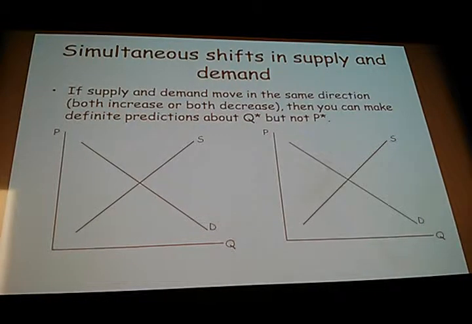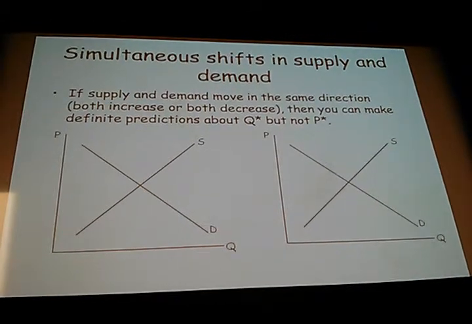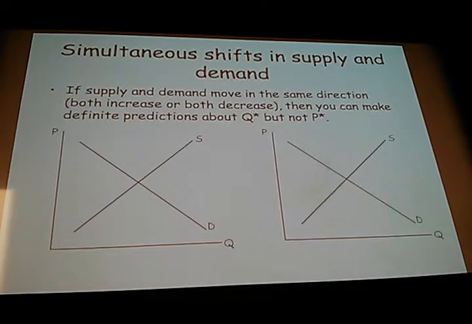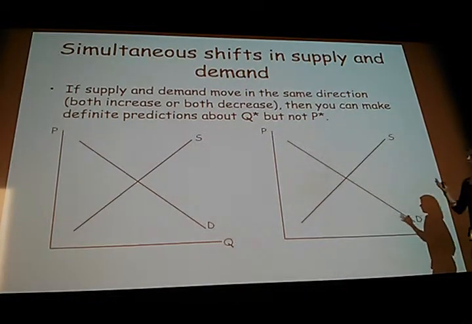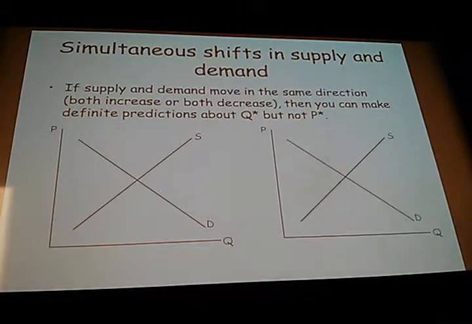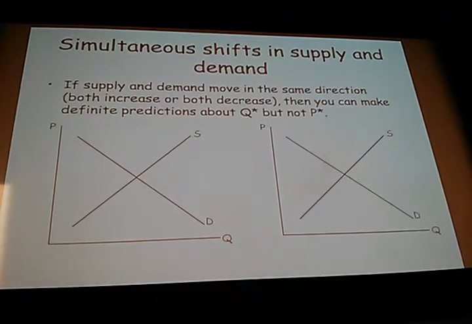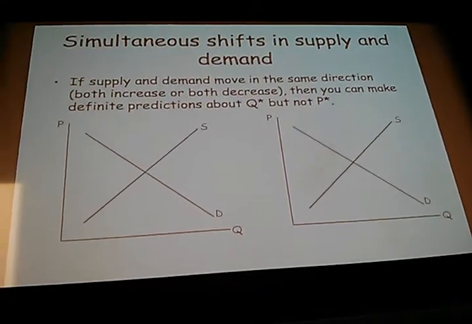So now I want to think about a situation in which supply and demand are moving in the same direction. It turns out that in those cases, you can make definite predictions about equilibrium quantity, but not equilibrium price. Right, so what do I mean by this? Let's suppose that we have a situation where both supply and demand increase.